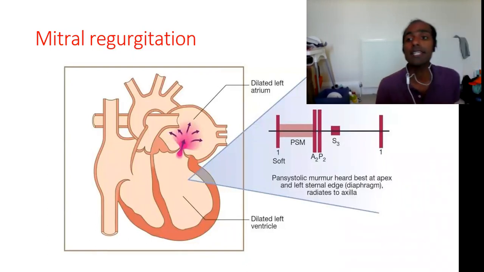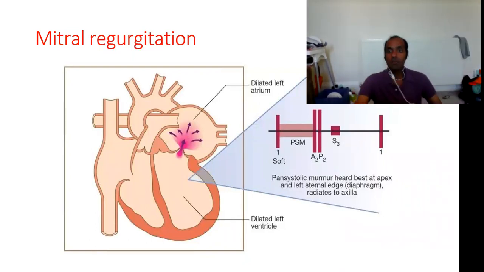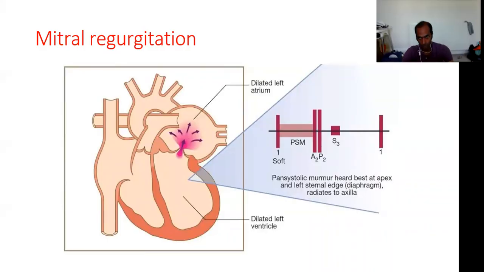Mitral regurgitation, very easy. The commonest murmur that you will listen to. It's a pansystolic murmur. Best heard at the apex, radiates to the axilla in most cases.